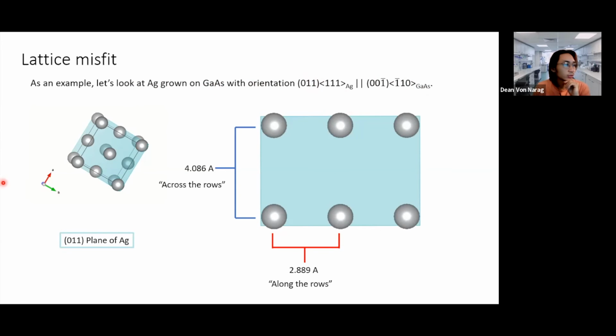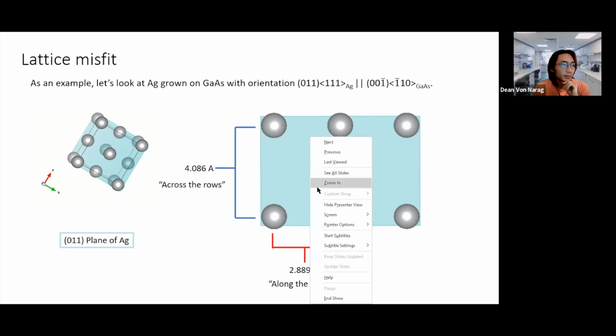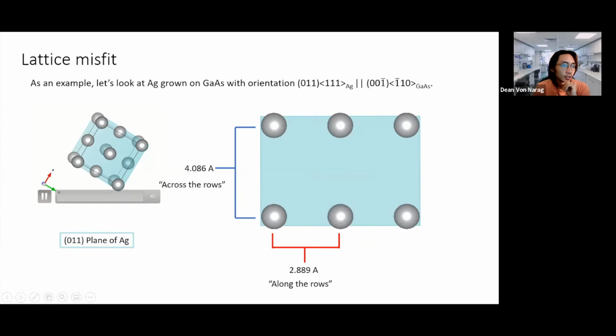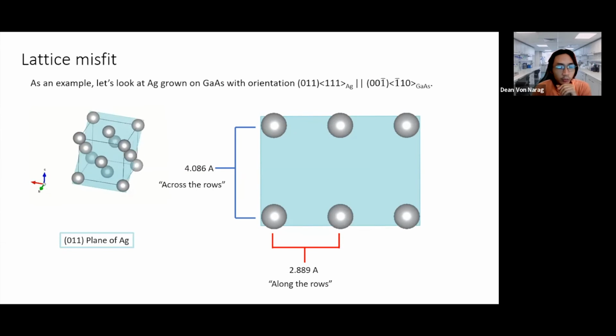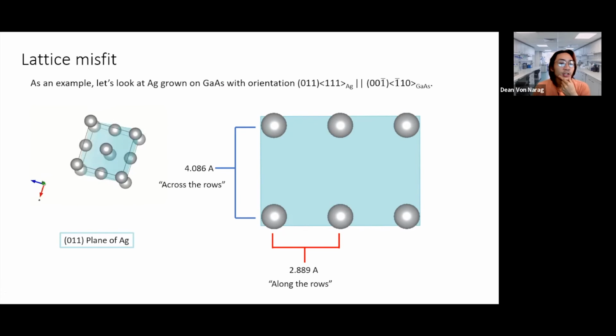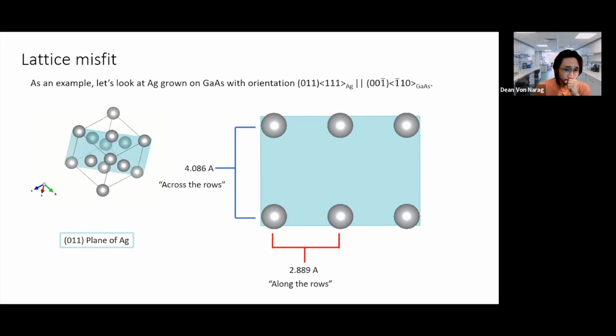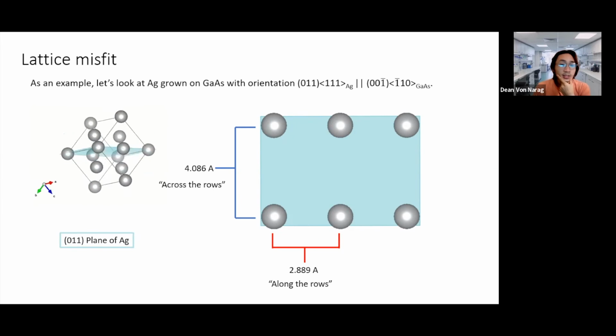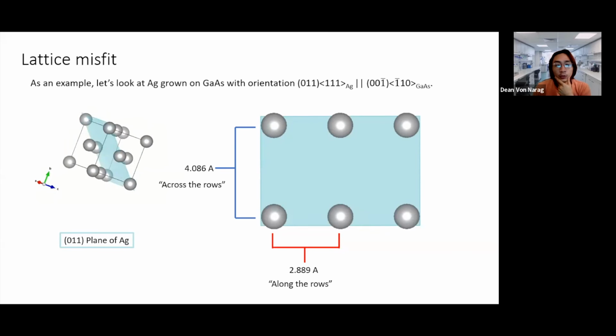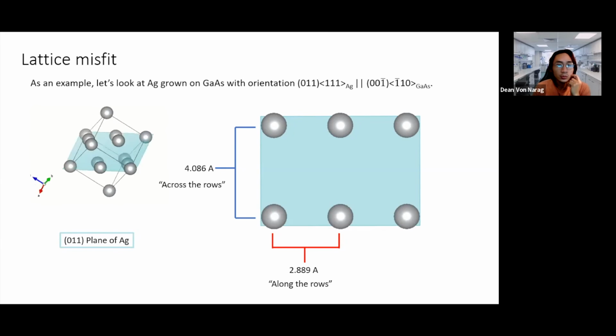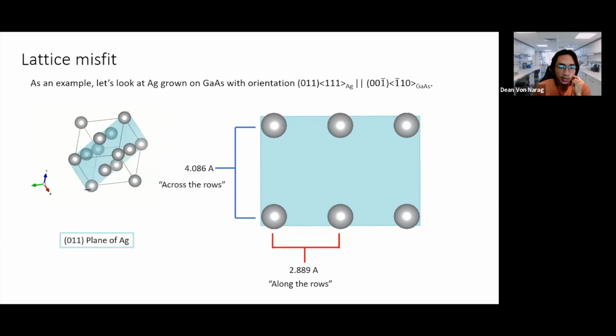Okay, so here we have the 011 plane of silver with this atomic spacing. So across the rows, we have 4.086 angstroms, and along the rows, we have 2.889 angstroms. So yeah, silver on GaAs.